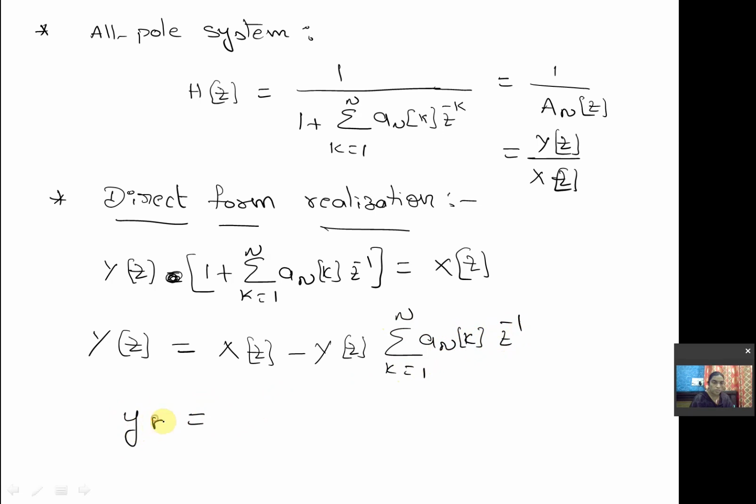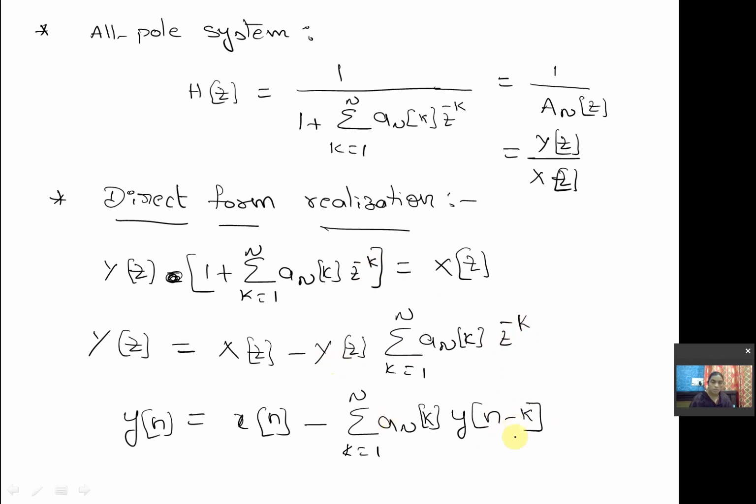Now from this, y of n is equal to, I am not expanding, directly taking the inverse Z transform. So y of n is equal to x of n minus summation k equals 1 to N, a_N of k, y of z into z power minus k, which is nothing but y of n minus k.